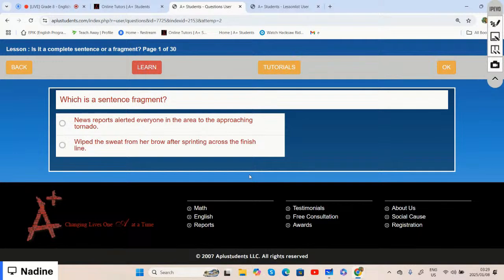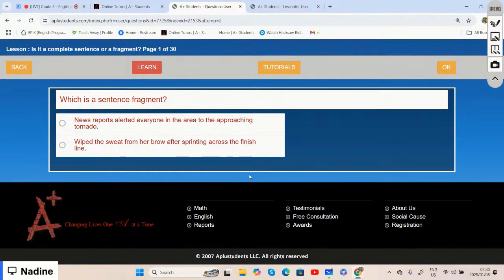So it says, news reports alerted everyone in the area to the approaching tornado. Or is it option two, wiped the sweat from her brow after sprinting across the finish line?